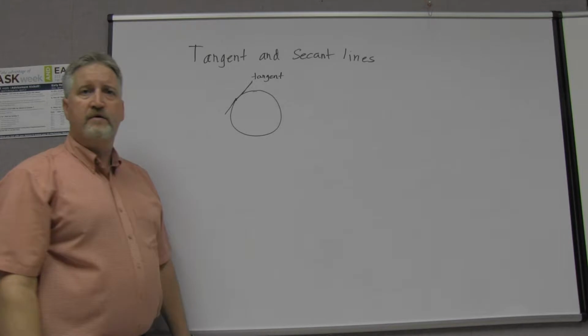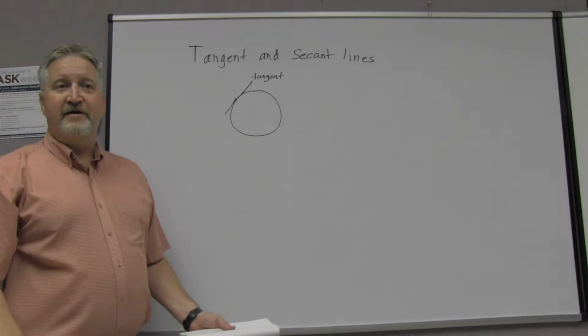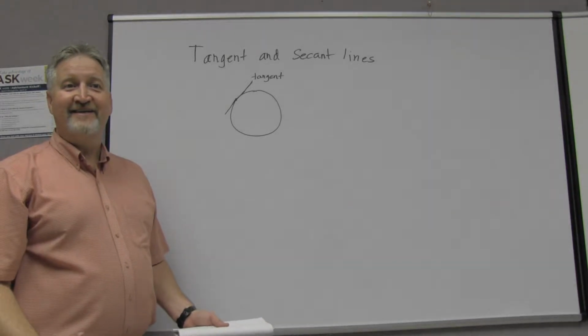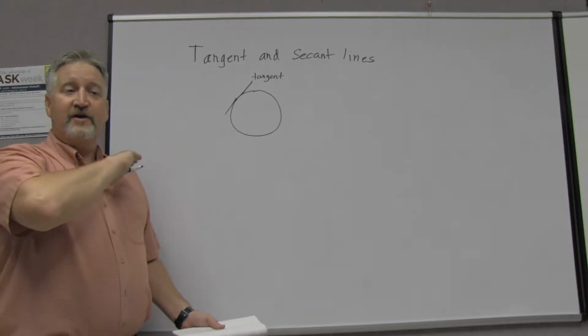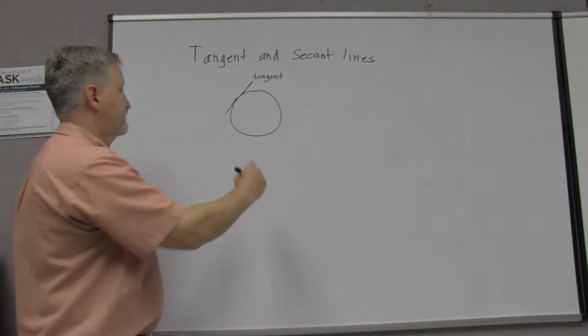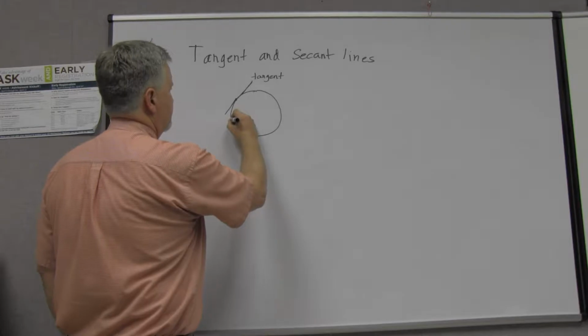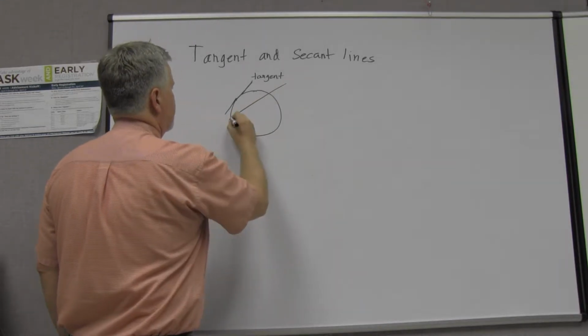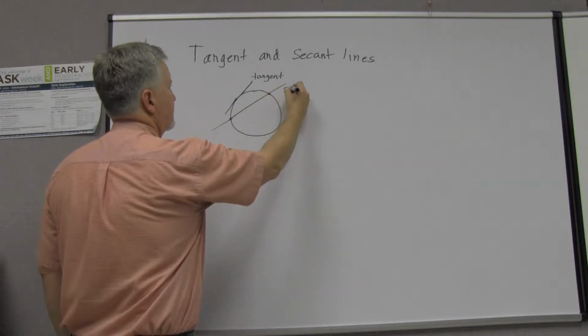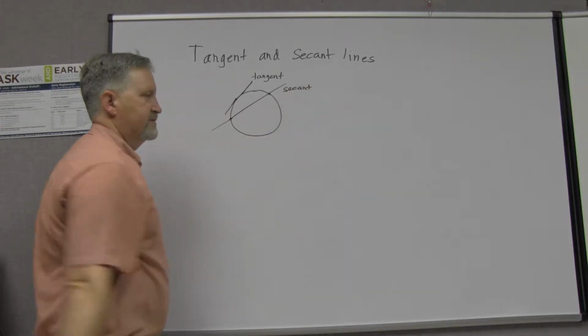And then secant. A secant line goes across and hits the circle at 2 points. It doesn't have to be through the middle either. It's just any line that goes through there and touches it at 2 points.